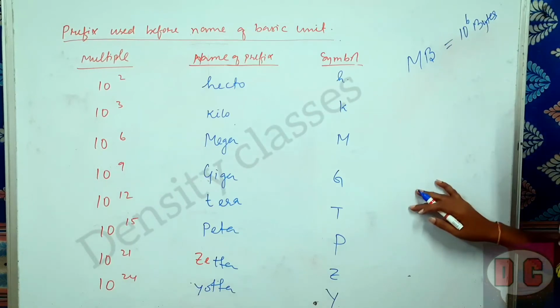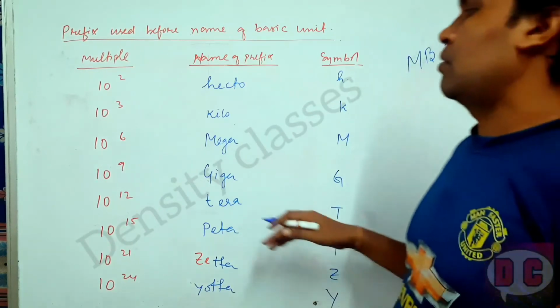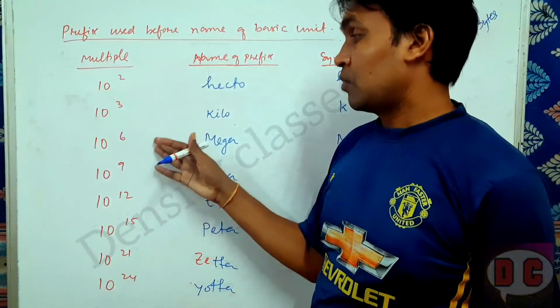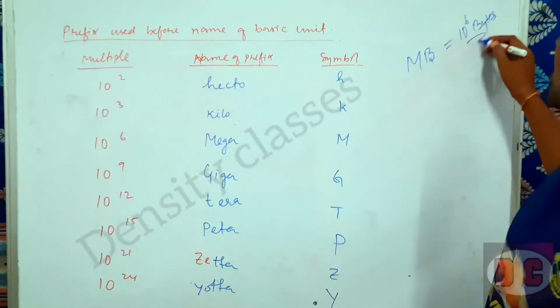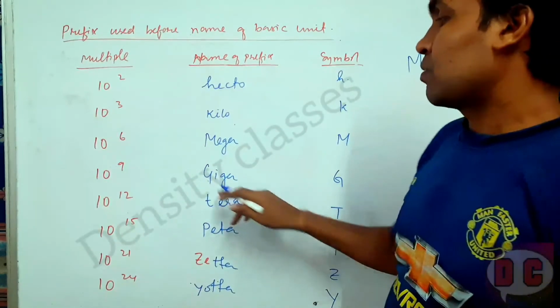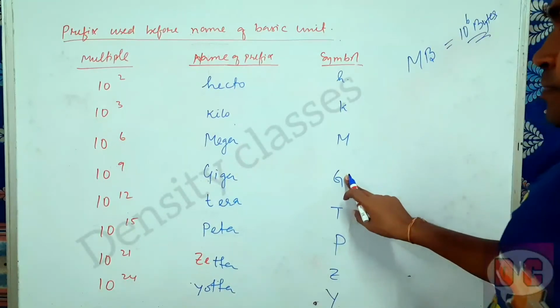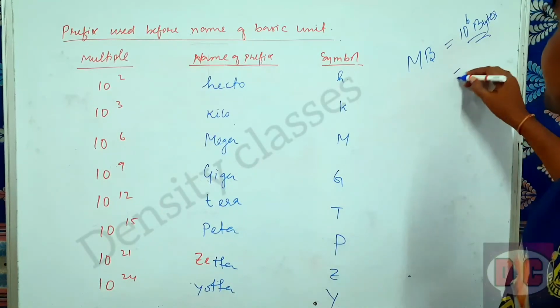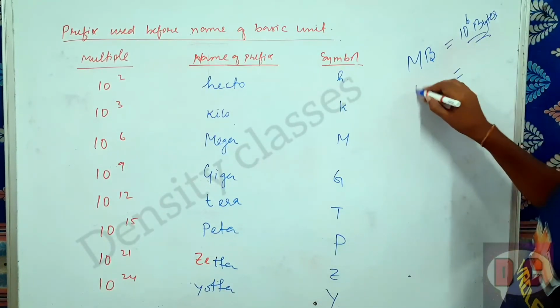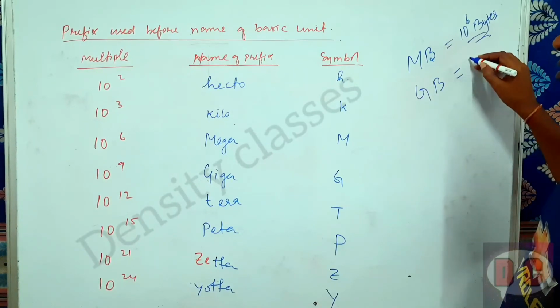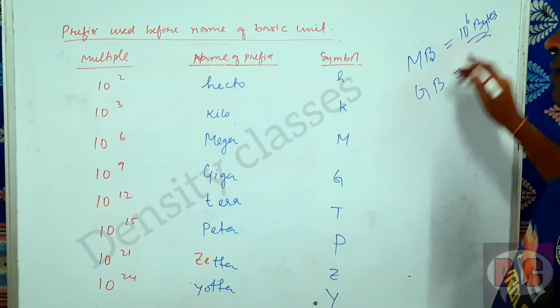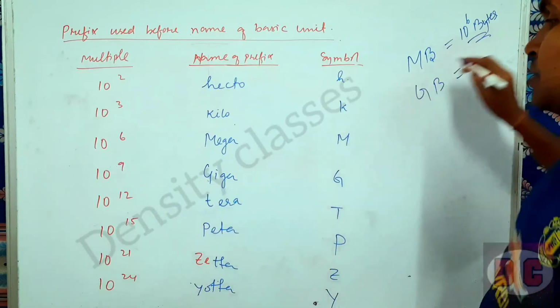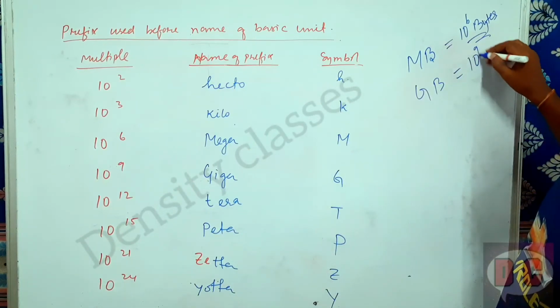In computers these are very huge quantities, so we basically use them in computers and all. So gigabyte, GB, we used to say GB. GB means how many bytes? It will be equal to 10 to the power 9 bytes.